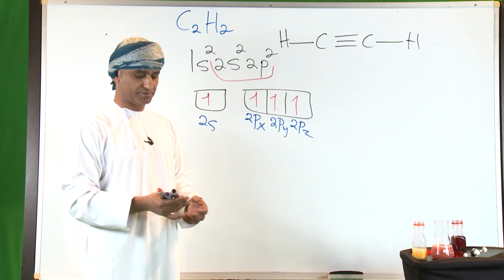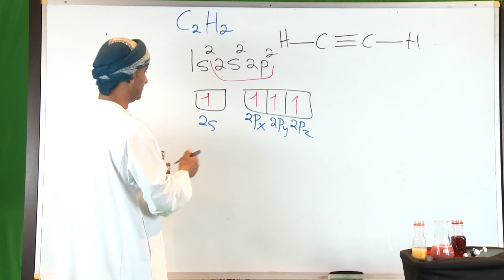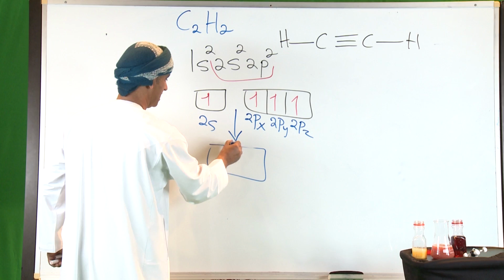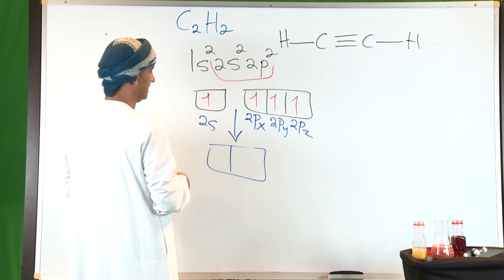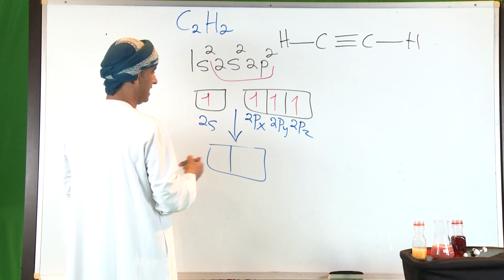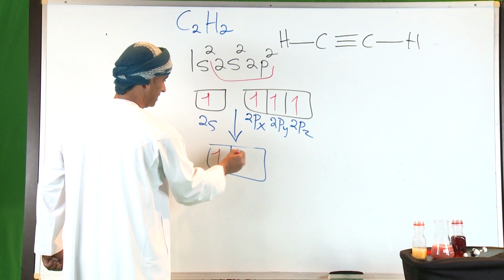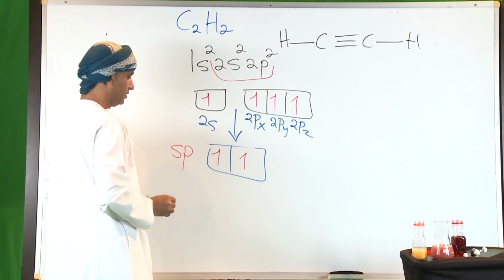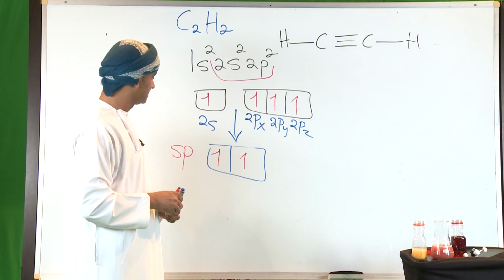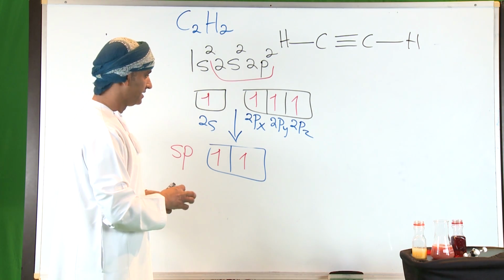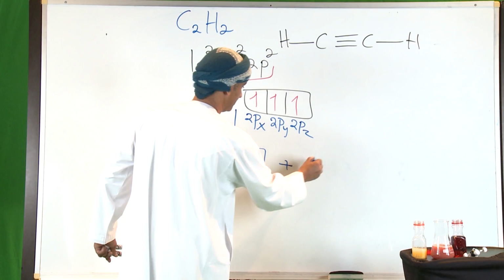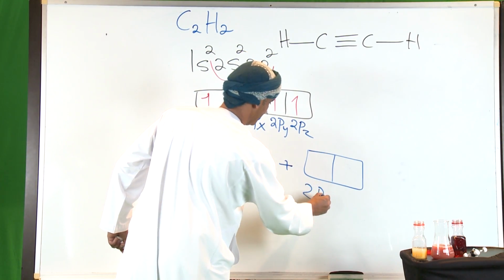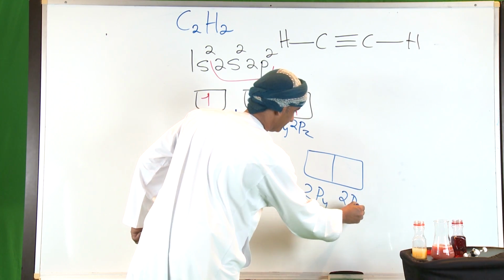So the type of hybridization in this case would be sp, because it is formed as a result of mixing or hybridizing only 1s and only 1p orbital. So the hybridization type is sp. Only 1s and 1p orbitals are mixed, but the other 2py and 2pz orbitals were left unhybridized. So this is the 2py and that's the 2pz.